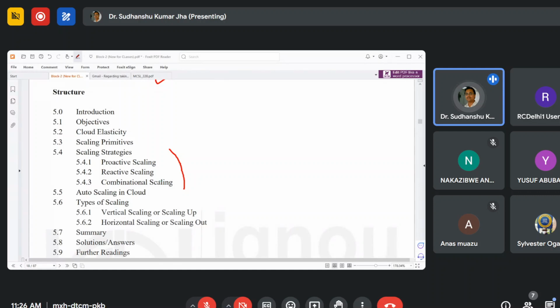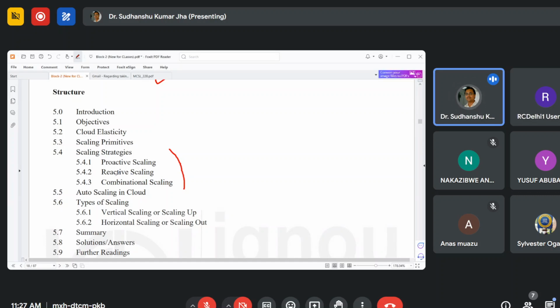And resource provisioning simply tells us that the requirement of the resources may vary depending upon what kind of resource provisioning concept we follow. Now we have seen that resource provisioning means the resources are being allocated or de-allocated either at the beginning or at the runtime.